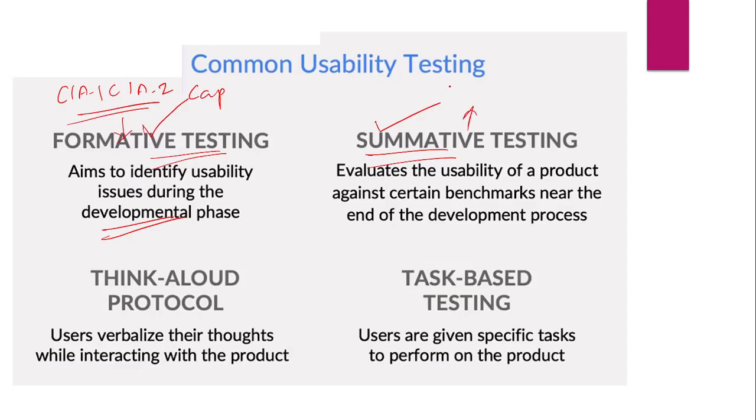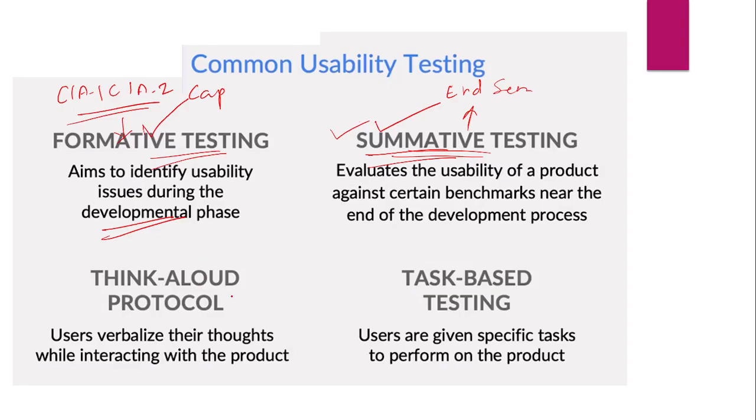Summative testing is simply the end semester. After the end of the course, you write the final exam. That is called summative testing. So while developing the product, I am doing parallel testing with the product. After developing the product, I go for the final testing. That is called summative testing.